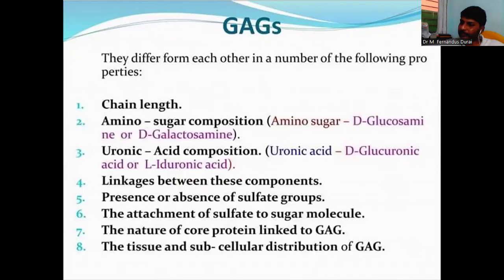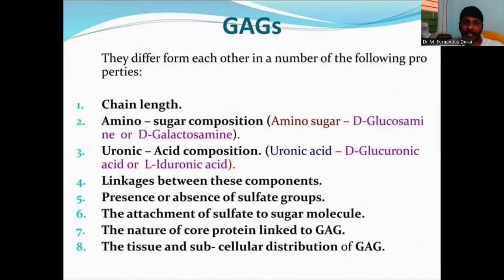The GAGs differ from each other in a number of properties. First, the chain length: the chain length is very high compared with disaccharides, monosaccharides and other polysaccharides. Then the amino sugar composition: the amino sugar is D-glucosamine or D-galactosamine.